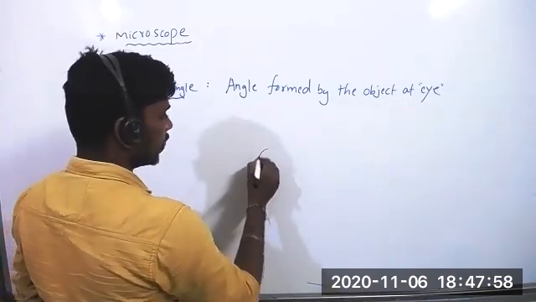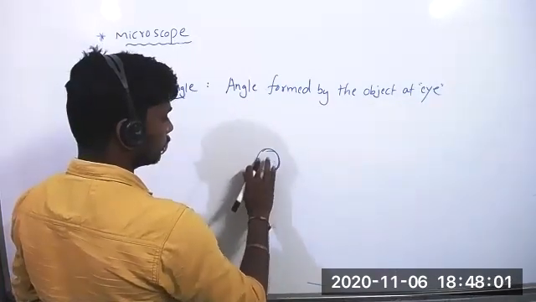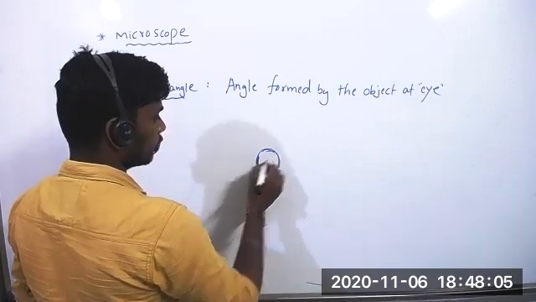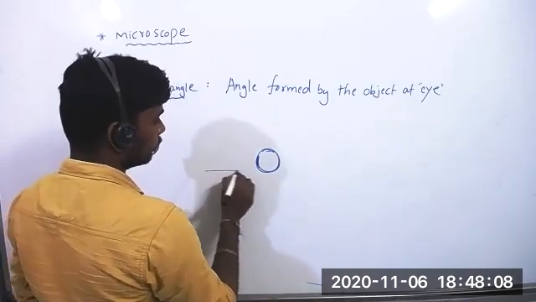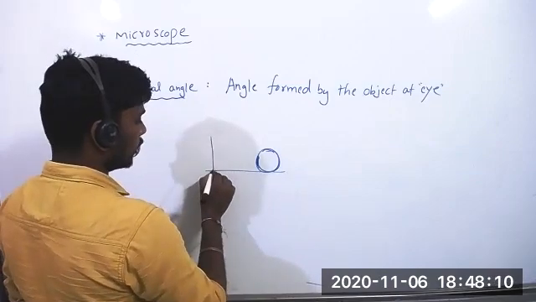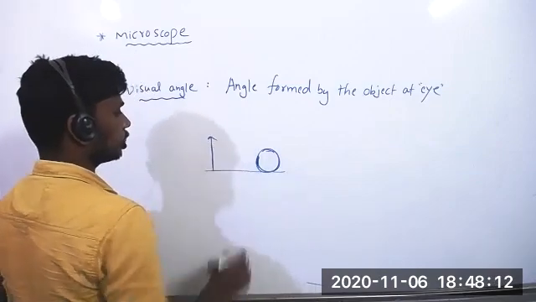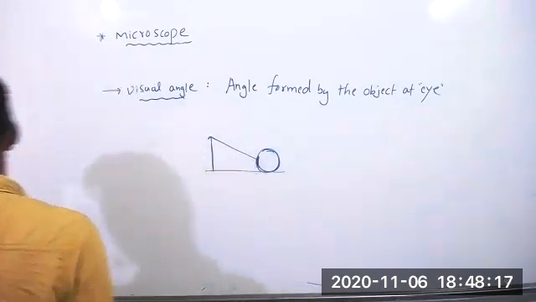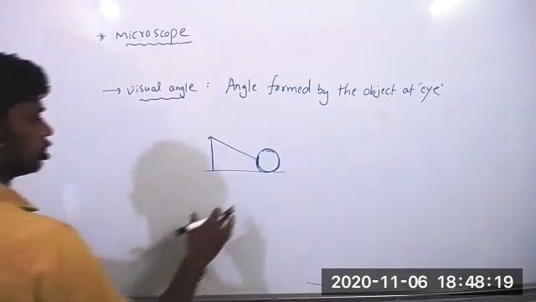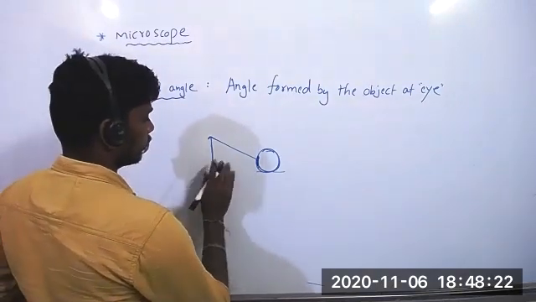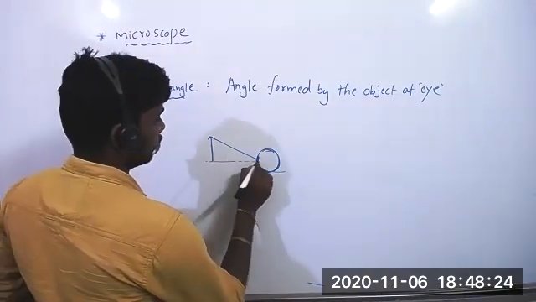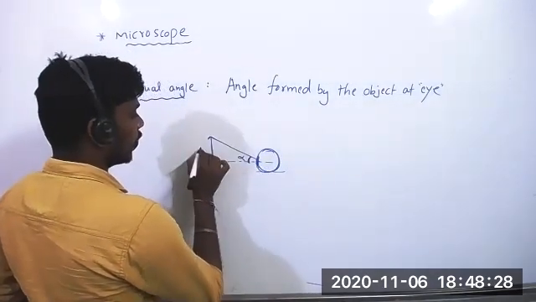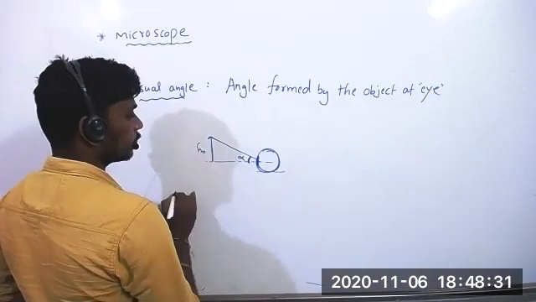Suppose it is the eye, and one of the objects is here. If you draw one line, this angle I will take as alpha. It is the object height.